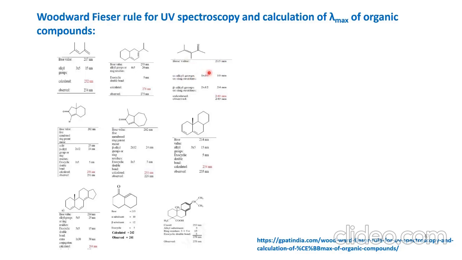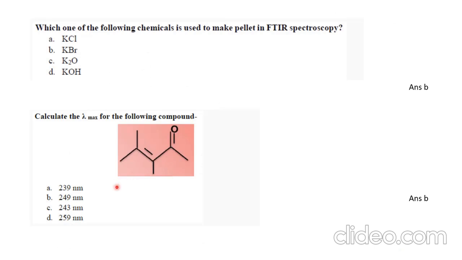So there is one alpha group, and the increment will be 10 nanometers, so 1 into 10 is 10. Then beta alkyl groups: two are there, and the increment should be 12. So 2 into 12, 24. That is how we calculate, and it is 249. So here 249 is the correct term.